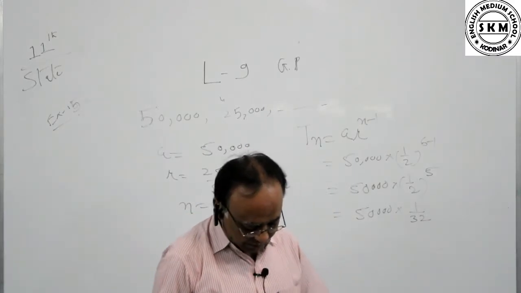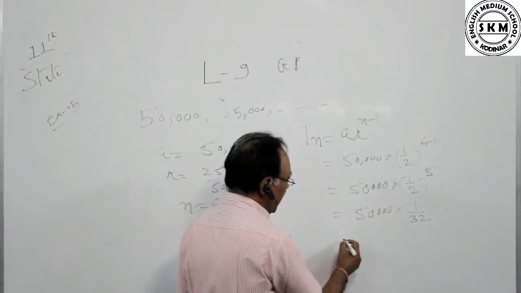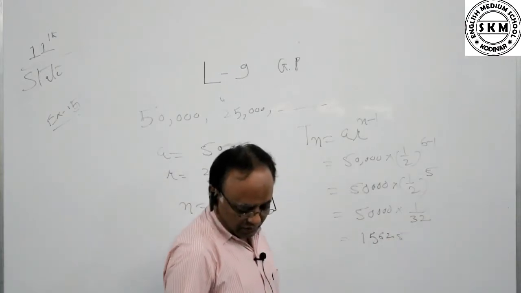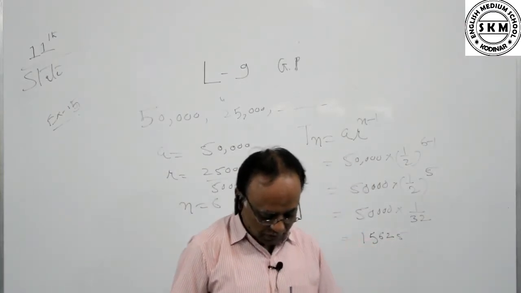So here give the simplification. So it is approximately 1562.5.